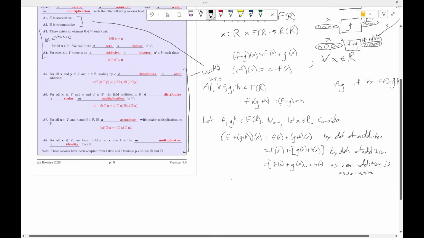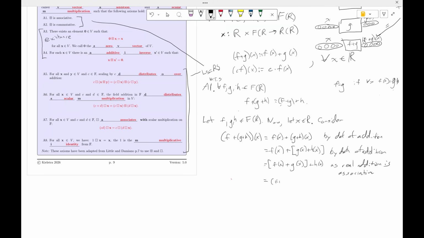And now it's kind of like working backwards. We're going to try to get now to this function applied to x. So I'm going to undo this definition of addition to get f plus g of x plus h of x by the definition of addition. Now I have a function of x plus another function applied to x, which equals f plus g plus h, all applied to x by definition of addition.